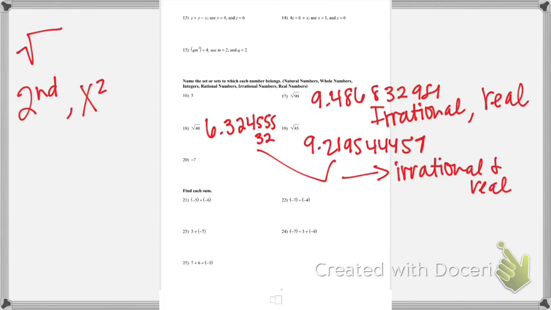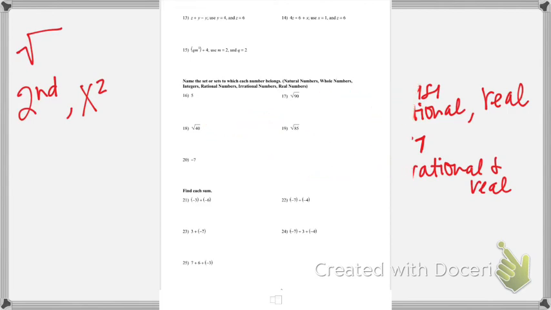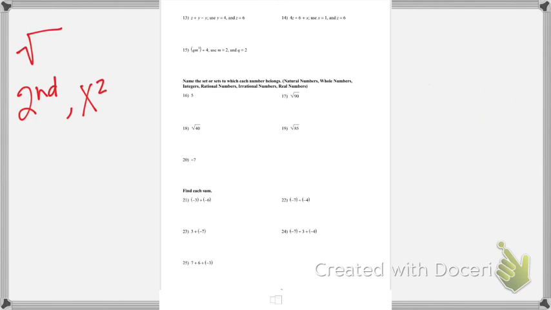All right, now number 20, we have a -7. So negatives are not natural numbers. They're not counting numbers. So they're not whole numbers, but they are integers because it is the negative number. It is rational.